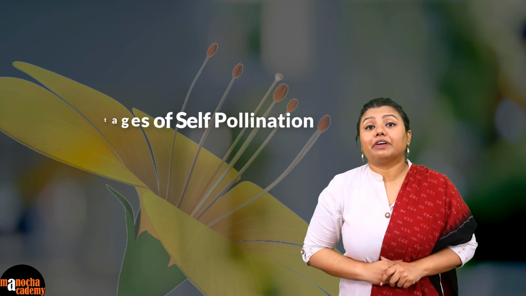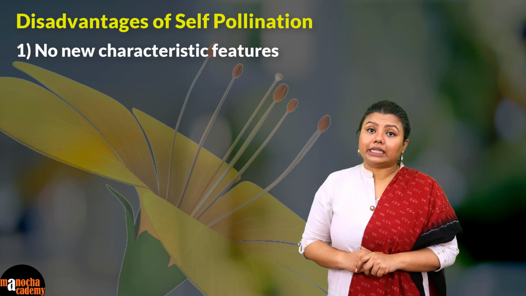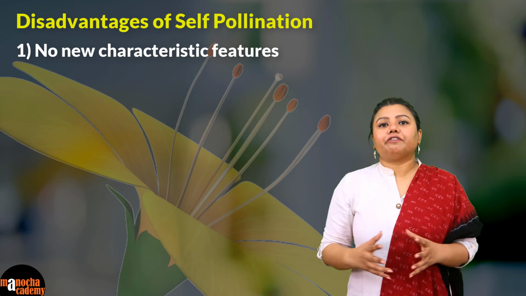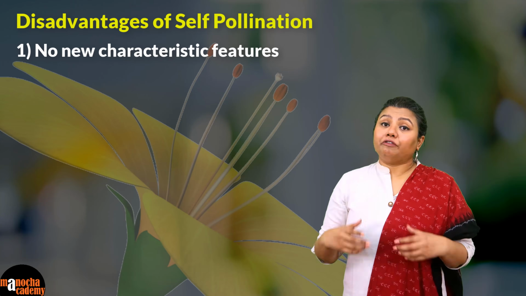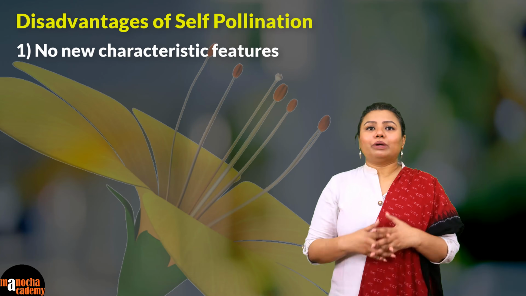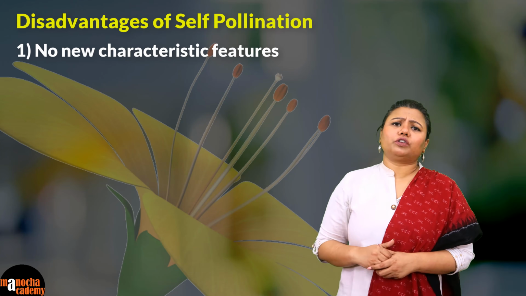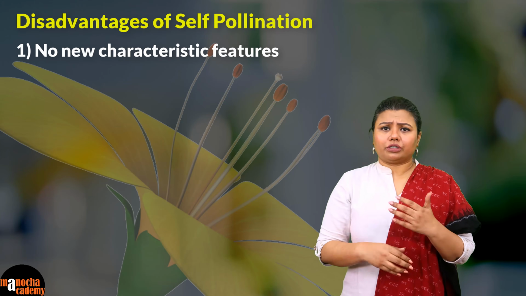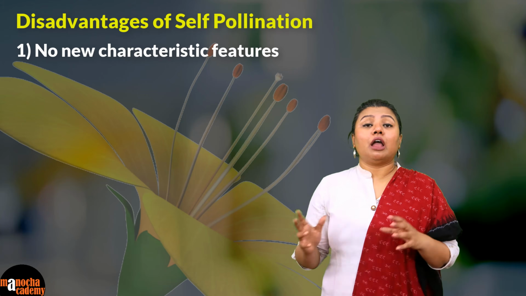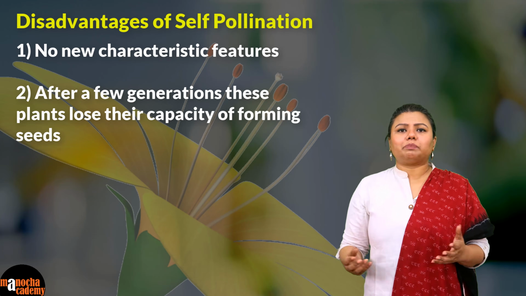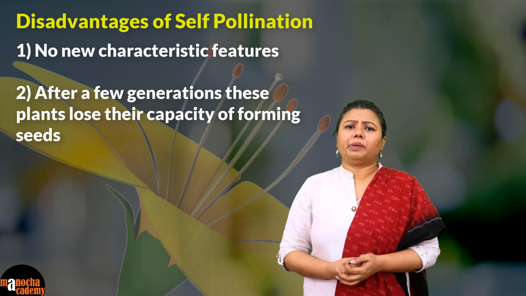If you do not get variety, then there is a possibility that the characteristic features of these plants will not evolve. So you will not get new characteristic features, and we have seen most of the times that if you carry out self-pollination generation after generation, after a few generations, these plants lose their capacity of forming seeds.